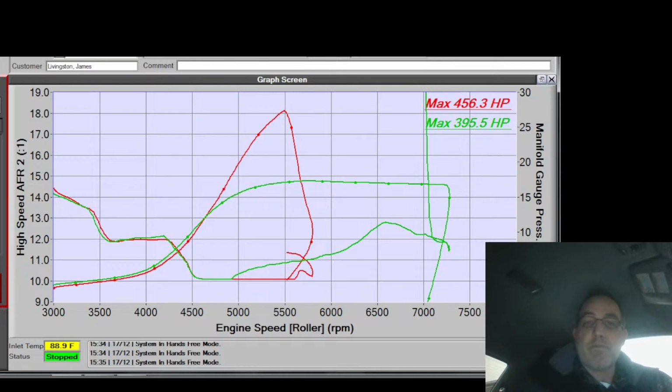The fuel would have been fine. Luckily, there was no knock during that pull because the timing was so low. The timing was 12 degrees at 4,500 and 18 degrees at 7,000, so not a whole lot of timing on it. But yeah, if that was an M-Tron or a Link, it would have been flat fuel, and I would go into the log and look at the trim that it took to correct the fueling.